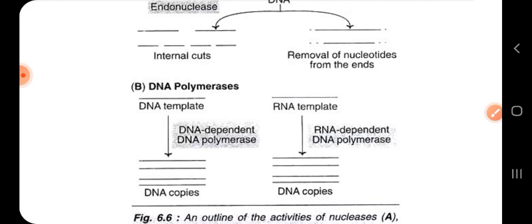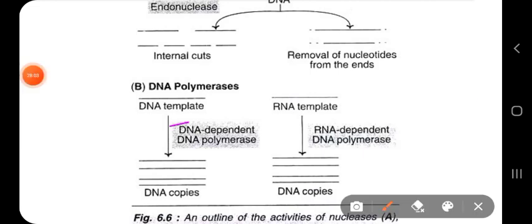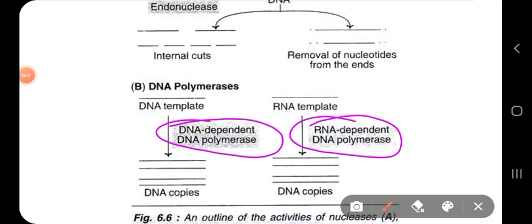Now many types of DNA polymerases are there, like DNA dependent DNA polymerase and RNA dependent DNA polymerase. For RNA dependent DNA polymerase, I think the reverse transcriptase is there. Reverse transcriptase uses RNA as a template to synthesize DNA, right?